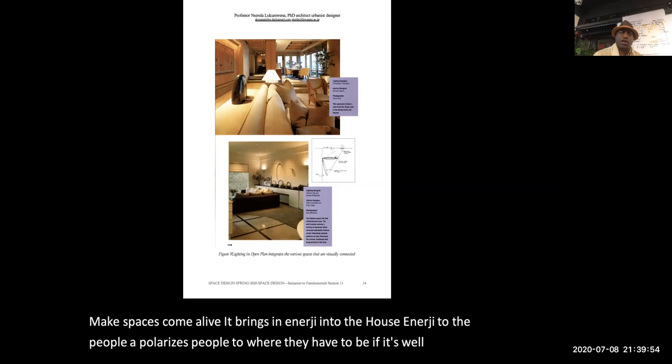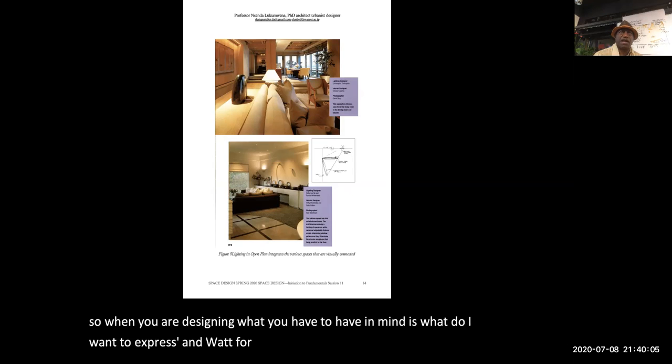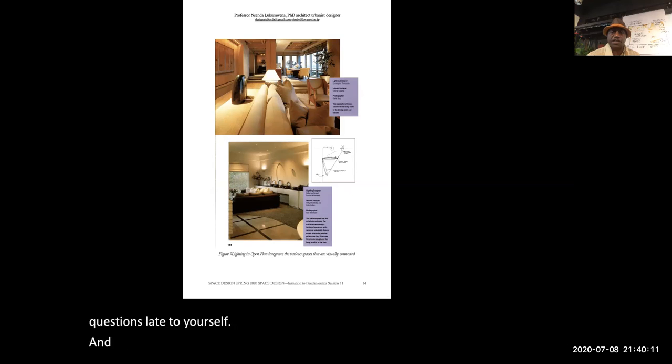So when you are designing, what you have to have in mind is: what do I want to express, and what for? Whom for? Once you have these questions laid to yourself and you try to answer each and every one appropriately, you would definitely do a good design.